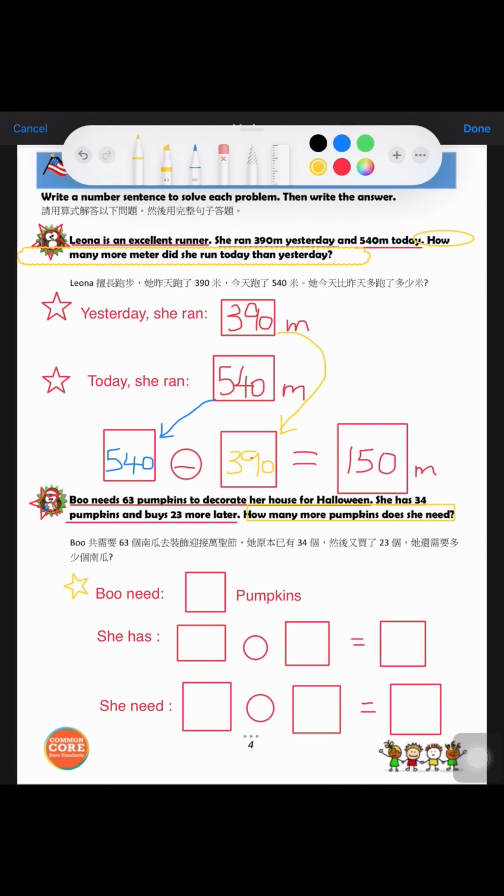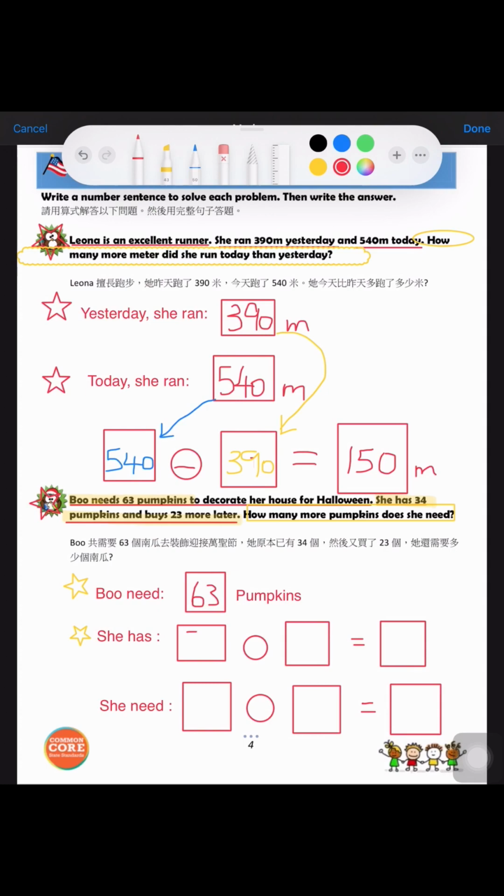So, the question states that she needs 63 pumpkins. Now, how many pumpkins does she have? At first, she has 34 pumpkins.